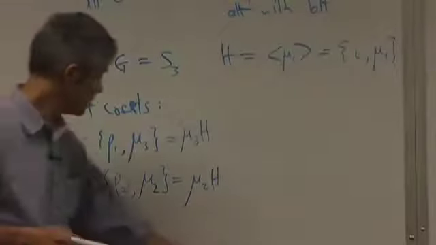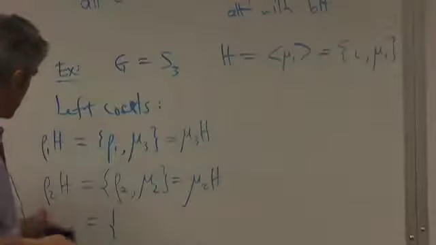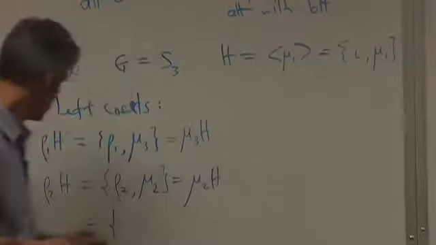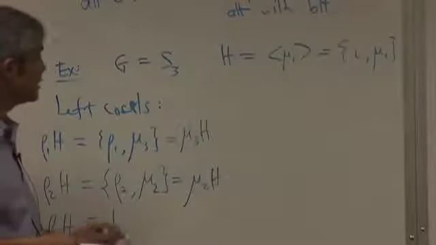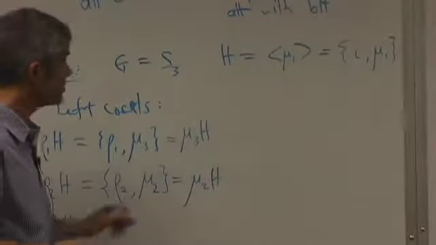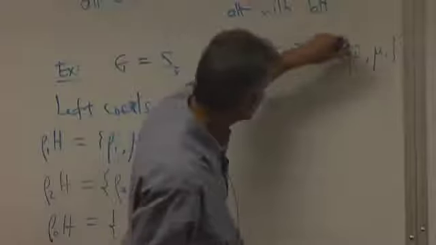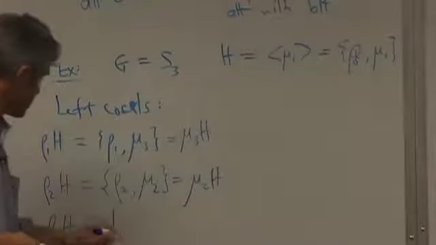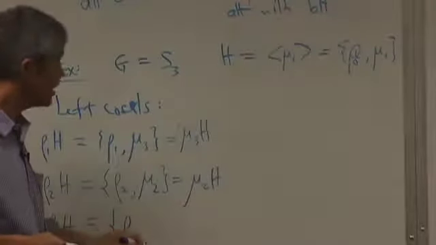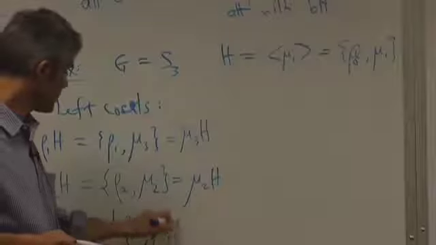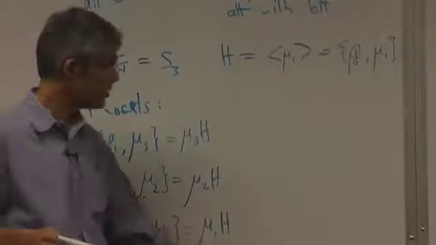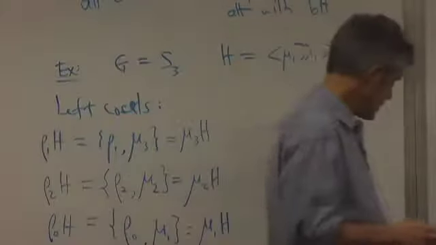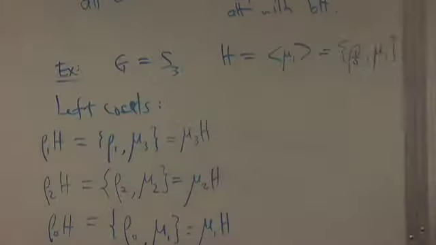Oh yeah, there's no row 3. Oh yeah, there's row 0, pardon me. So if we do row 0H, that's easy. That's IH. So row 0 is I here in this notation. So that's row 0 and mu1. So that happens to be mu1H. So there are the 6 left cosets of H inside G.